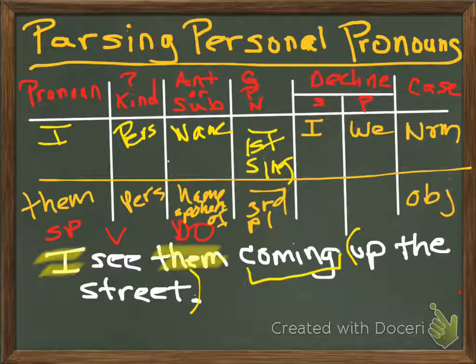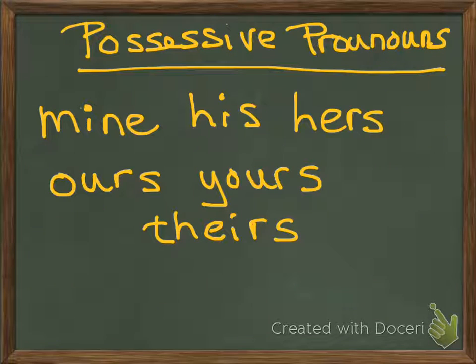Third person singular, him in the objective case, her, and it. And of course the plural is the one we're using now, them. Okay? So all that information we've had in multiple pages and notes, we're attacking a sentence and finding out all that information and then putting it in a nice, easy chart.